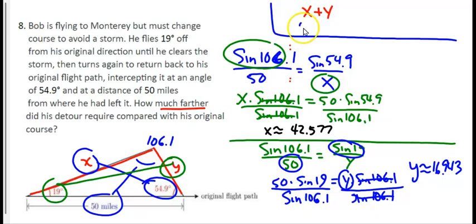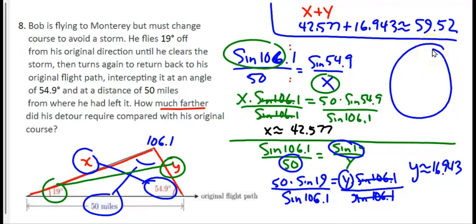So the first answer was 42.577. Second answer is 16.943. So the distance for the alternative route is 59.52 miles.